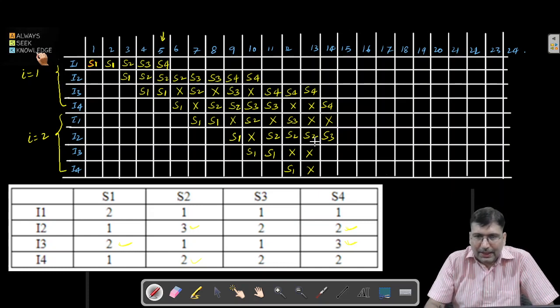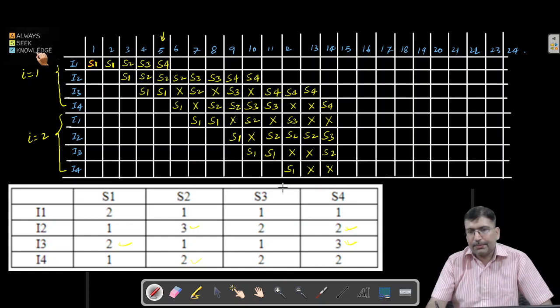And once this I2 has been moved to S3, this I3 can be shifted to S2. And once it has been shifted to S2, I4 is waiting in the S1 stage, but S2 is still not available, so it cannot be shifted.